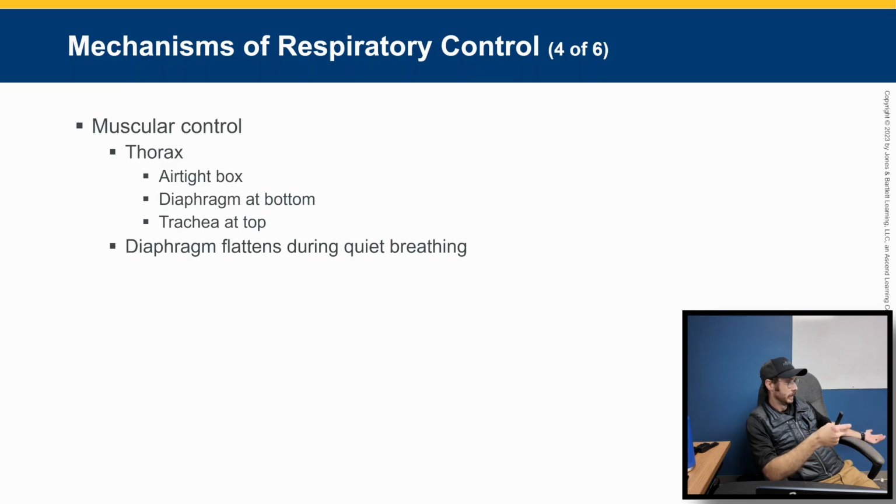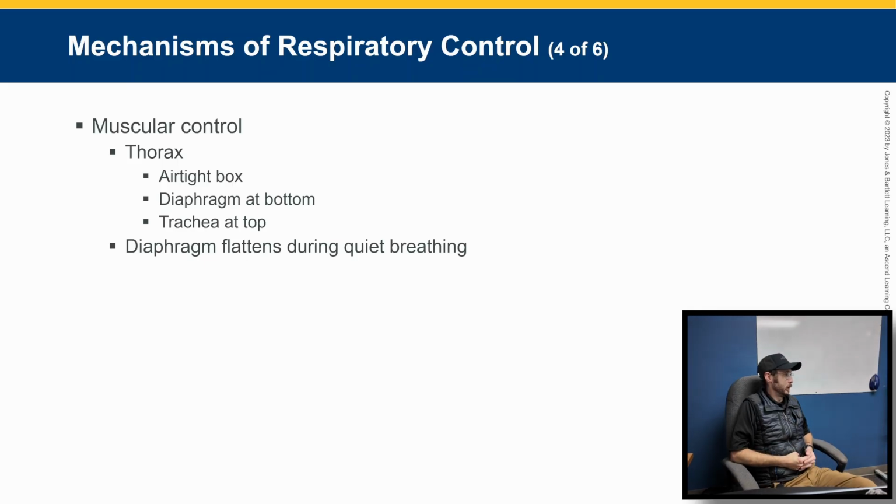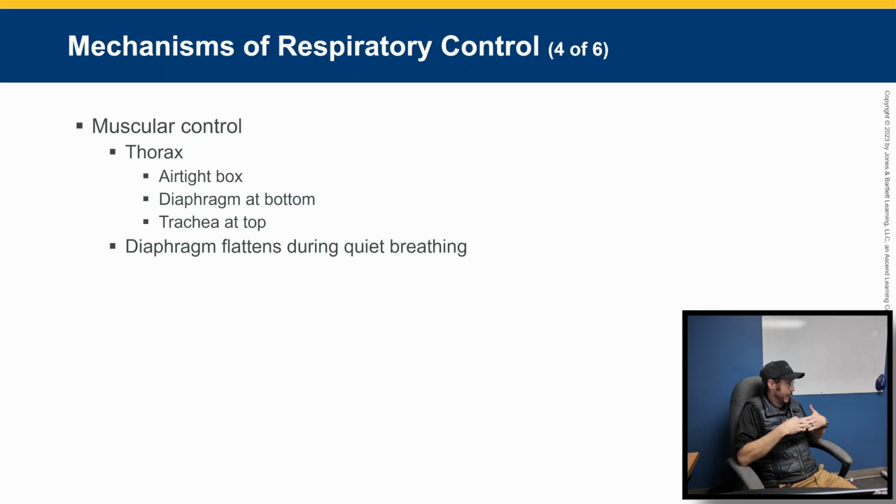So basically our thoracic cavity is sealed to the external environment under normal conditions. So when our diaphragm flattens, what happens to the pressure inside the thoracic cavity? So the size of the thoracic cavity does what? Remember, it flattens, pushes down.